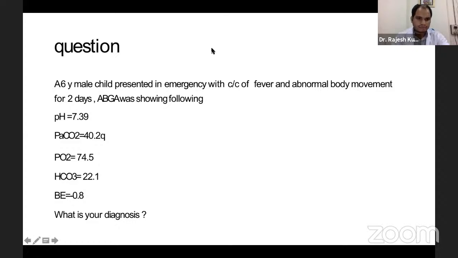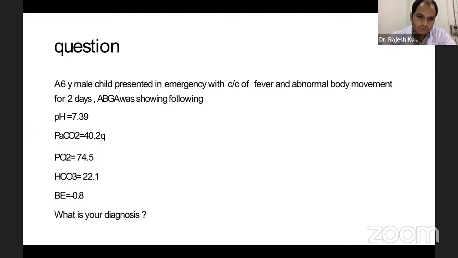Okay, I will answer it. You can see here, it looks like a normal ABG. But you cannot say this is a normal ABG because you don't have the oxygenation status. You don't have the idea of what FiO2 your baby is receiving, so your patient can be hypoxic on that PO2 value.